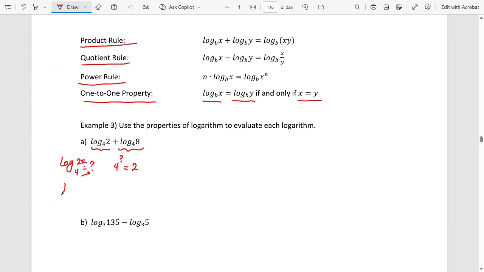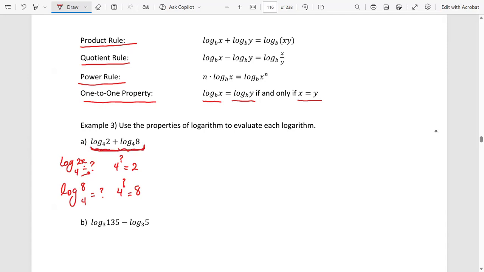What is the log of 8 base 4? Or you say 4 to what power is 8? I don't know, I have to use a calculator. But since I cannot find the answer or evaluate each of them separately, I'm going to think about whether I can combine them together and write them as one single log.